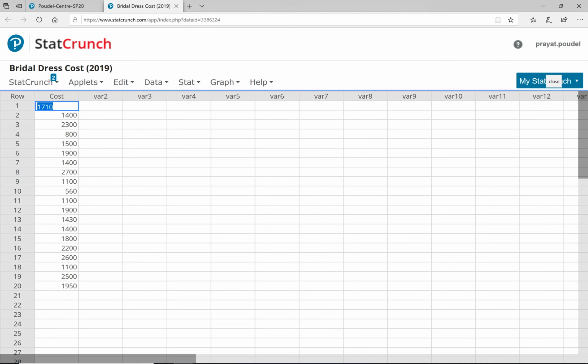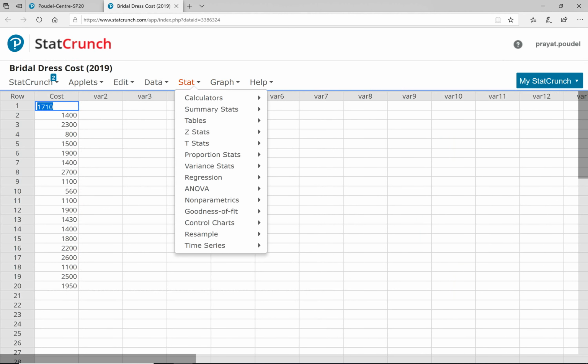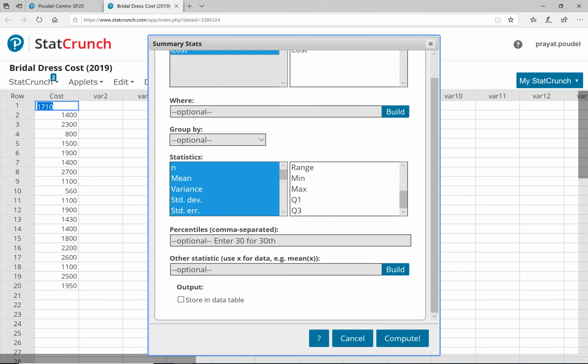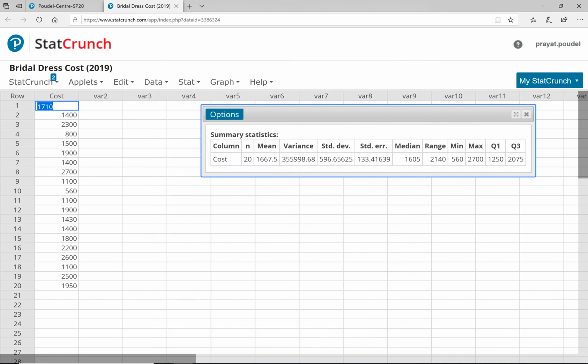To do that, we go to Stats, then Summary Stats, and we do it by columns because our data is arranged in a column. I'm going to look at cost, and I'm going to ask StatCrunch to produce all of them, even though we're probably not going to use all of them. The things I am interested in are the mean, and the count, which is 20.